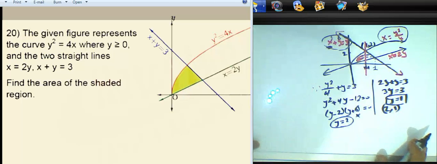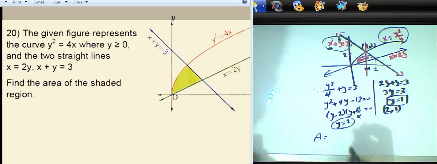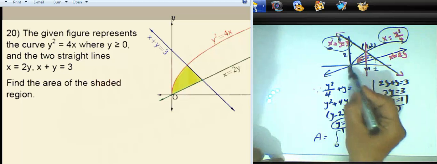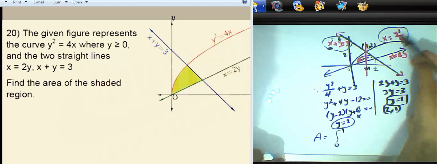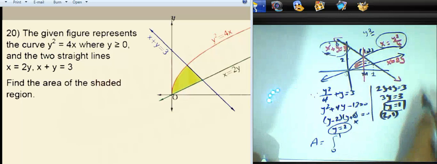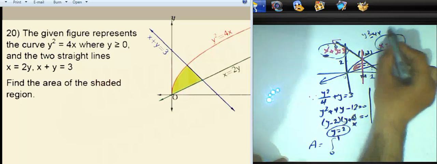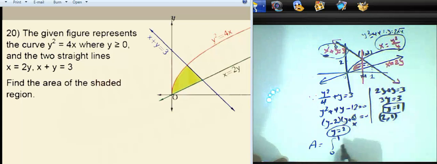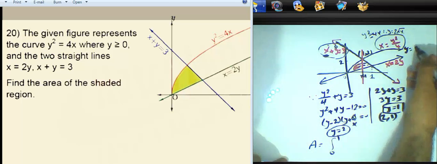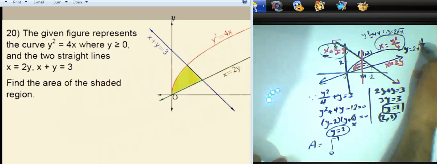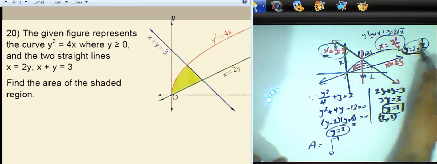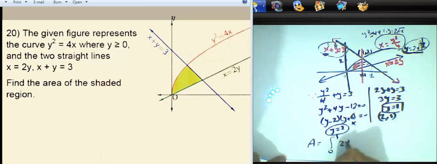Then you can find the area here: integration from 0 to 1, top subtract down. The top curve we can write as y squared equals 4x, then y equals 2 root x, or y equals 2x to the power half.